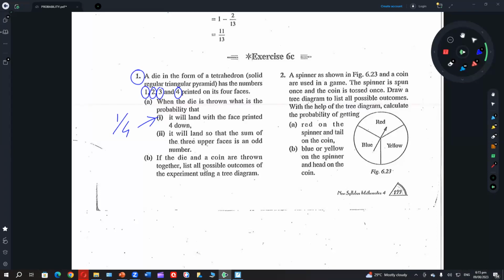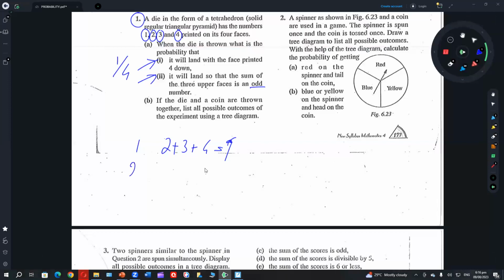It will land so that the sum of the 3 upper faces is an odd number. What is an odd number? Like 1, 3. Suppose you land it on 1. What are the other numbers? 2 plus 3 plus 4, you will get 9. If it lands on 2, other numbers are 1, 3, and 4.